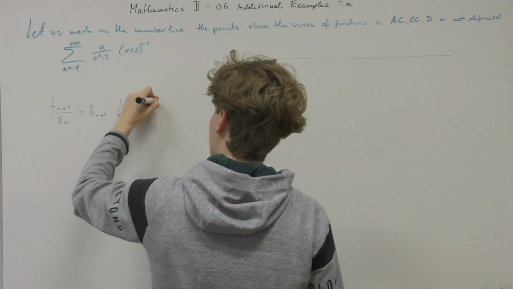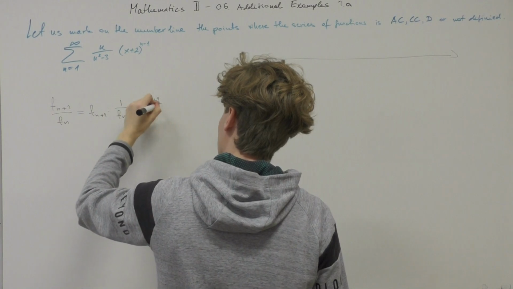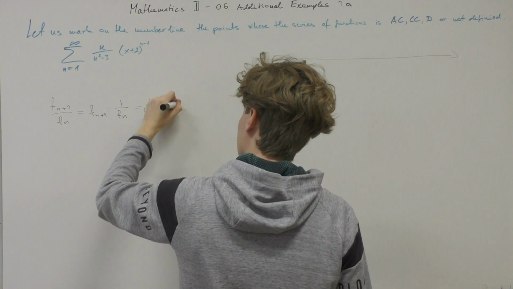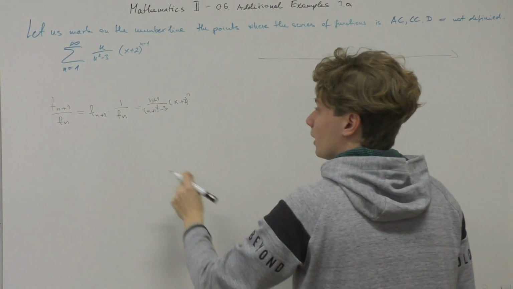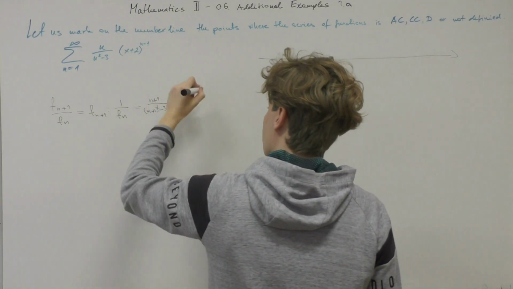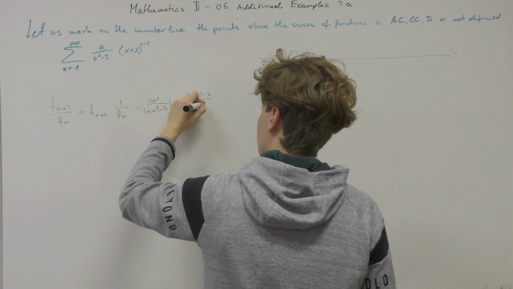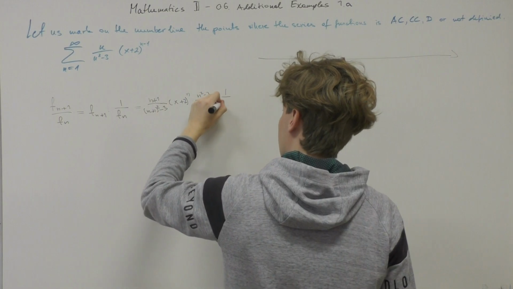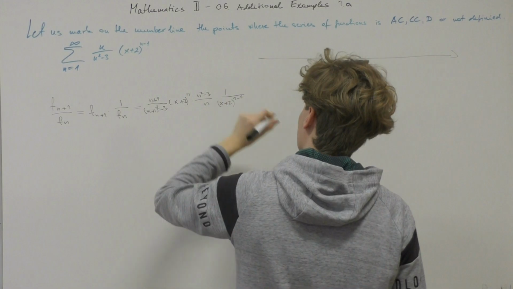We have (n+1) over (n+1)^2 minus 3 times (x+2)^(n+1). And this is the reciprocal of the general term. So we have (n^2 - 3) over n. And we also have 1 over (x+2)^n.